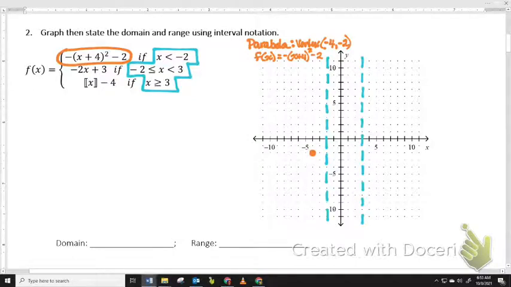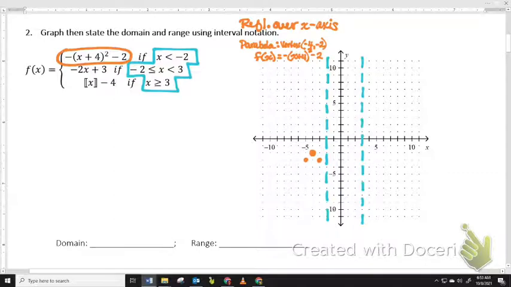Do we have an a value at all? -1. So this has been reflected over the x-axis. Other than that, it looks exactly like the parent. There has been no stretching or compressing. It has just been reflected upside down.